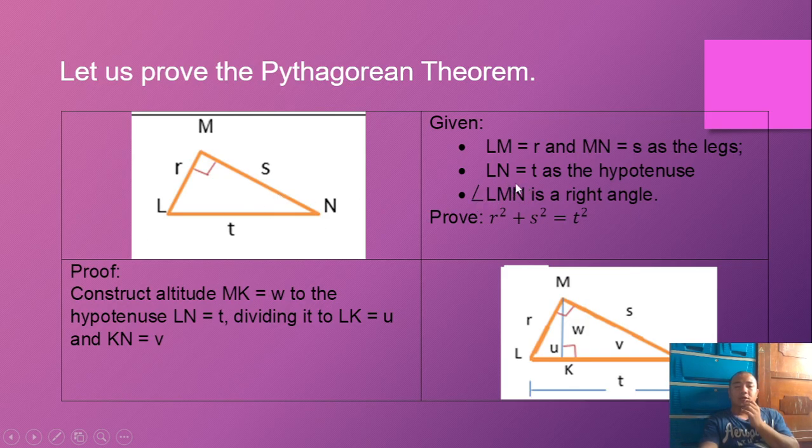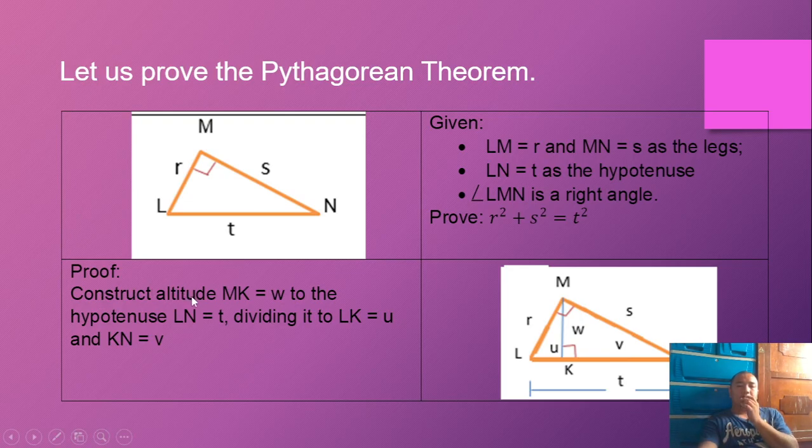LN is equal to t, this is called the hypotenuse, and angle LMN is the right angle. Let us try to prove that r squared plus s squared is equal to t squared, which is called the Pythagorean theorem: the sum of the squares of the legs is equal to the square of the hypotenuse. Proof.